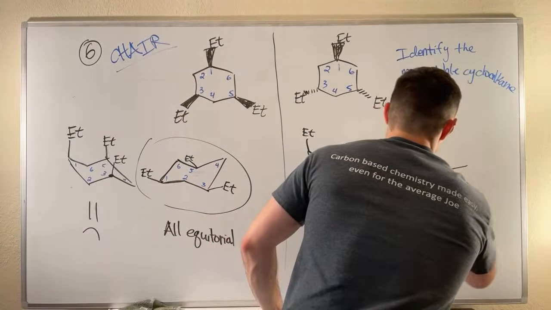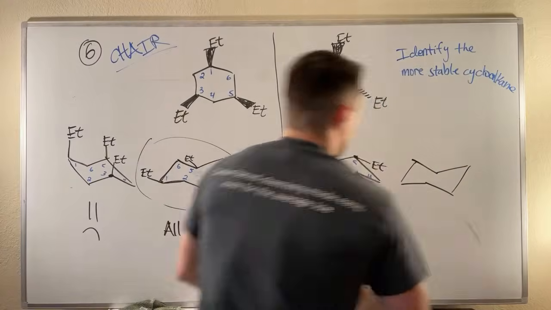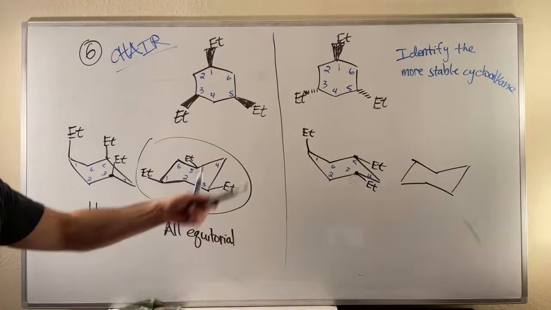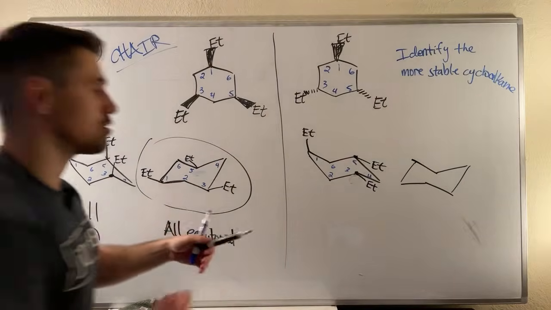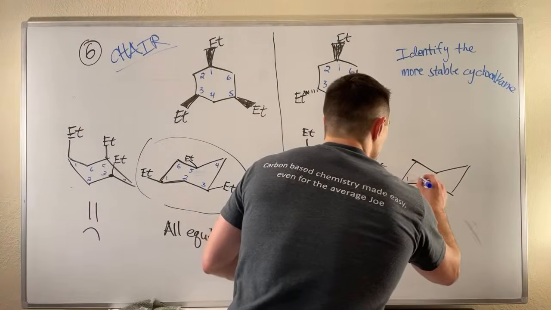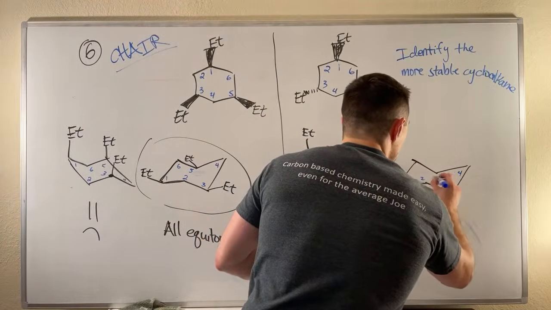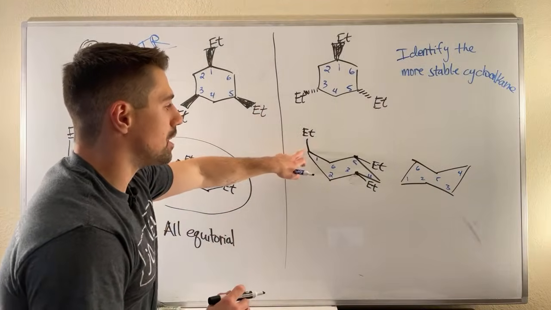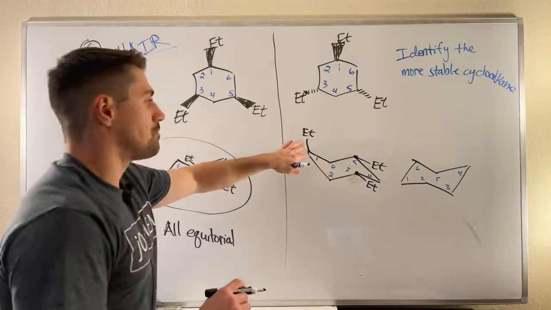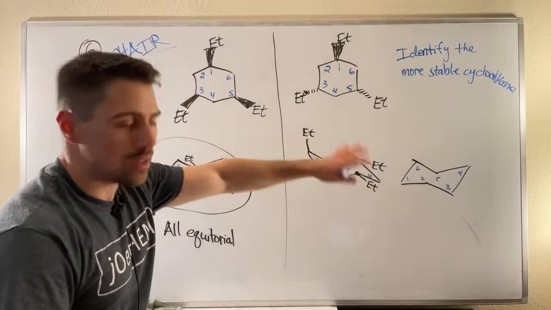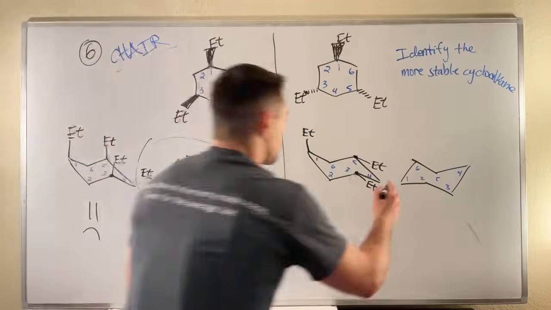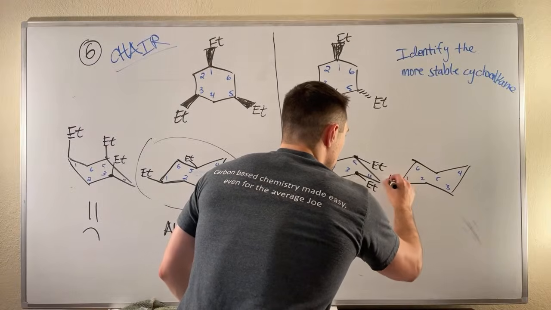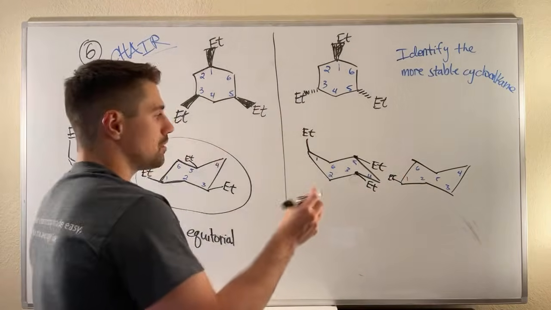But let's go ahead and do the chair flip. And if you're picking up on the patterns, you're gonna realize this chair we're about to draw is worse than the one we just drew. We have 1, 2, 3, 4, 5, and 6. Everything is gonna be up at 1, but everything goes from axial to equatorial, and everything equatorial goes to axial. So what we'll have here is up equatorial.